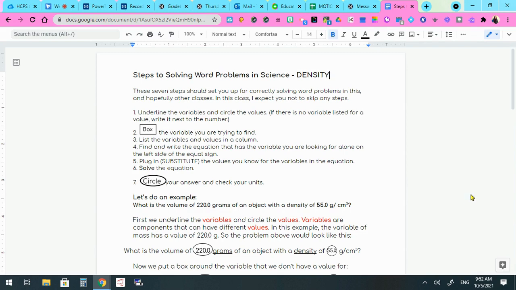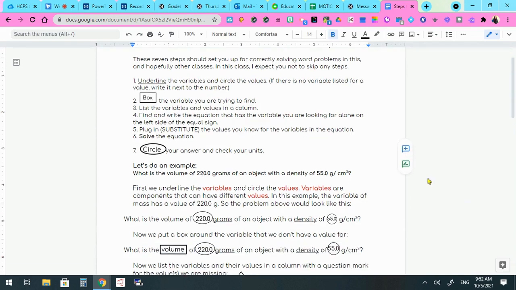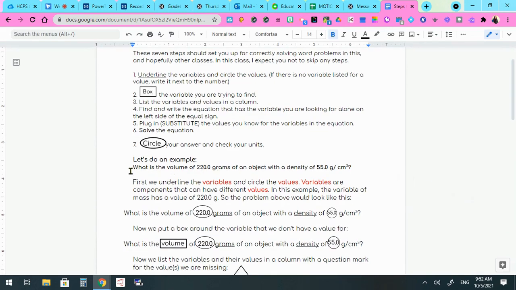So let's do an example together, okay? So we're going to first read what we have here. And our problem says, what is the volume of 220.0 grams of an object with a density of 55 grams per cubic centimeter? All right. So number 1, we want to underline the variables and circle the values. So variables are components that can have different values.